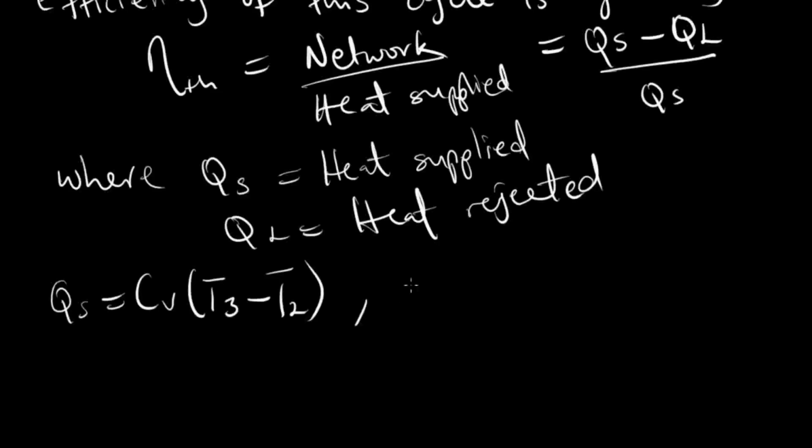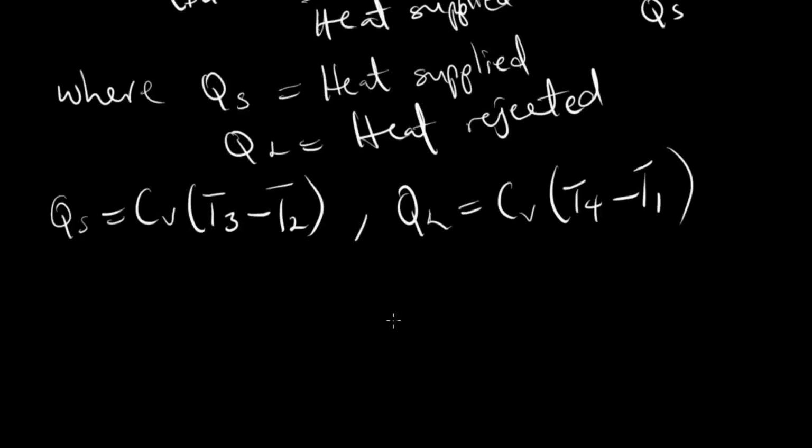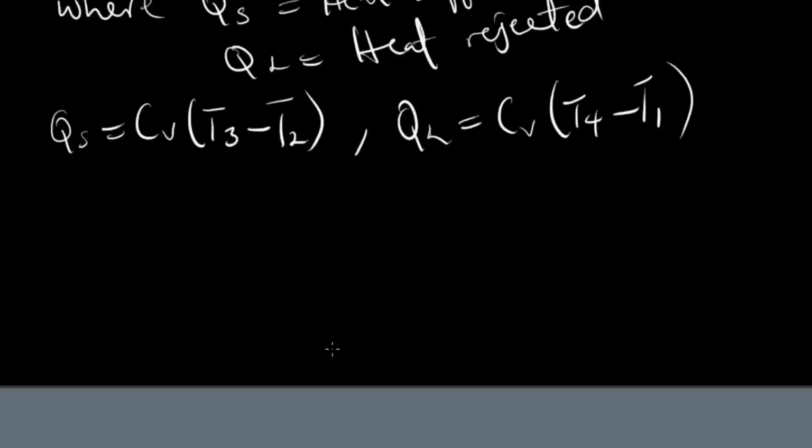We solved some problems with it, so in case you've forgotten, Cv is the specific heat at constant volume, okay? Then Ql is Cv (T4 minus T1).